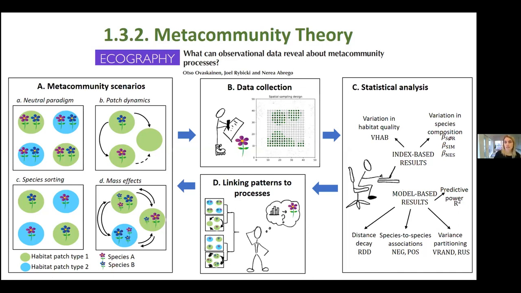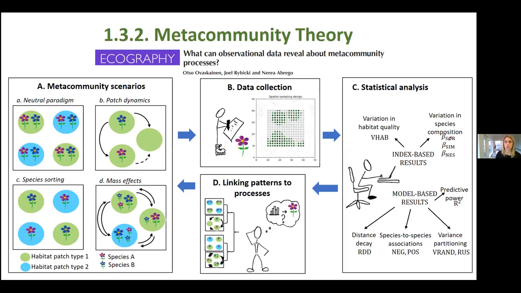And on top of collecting the data, this virtual ecologist also analyzed the data. We put this virtual ecologist to analyze the data using different statistical methods that we use in community ecology, out of which, of course, we also told her to apply HMSC.